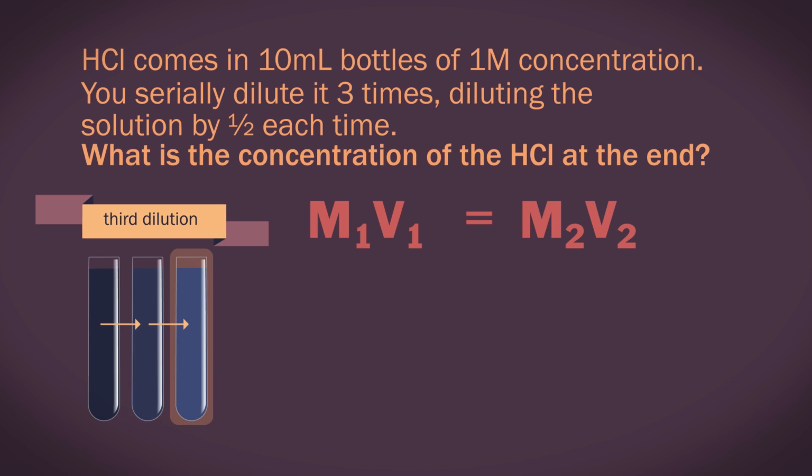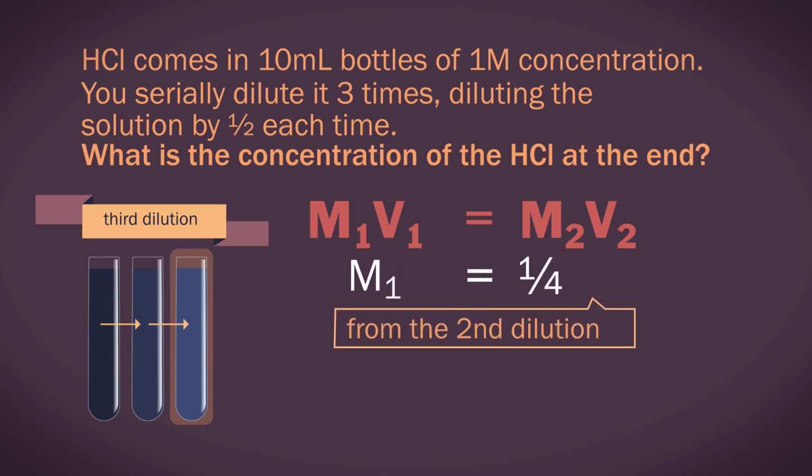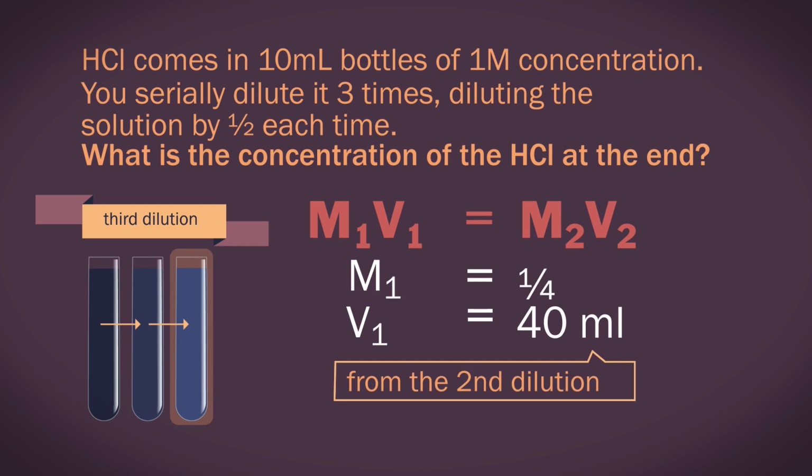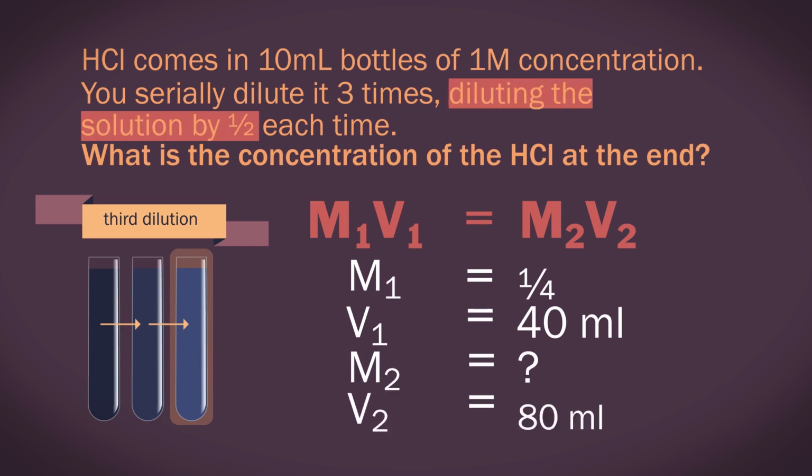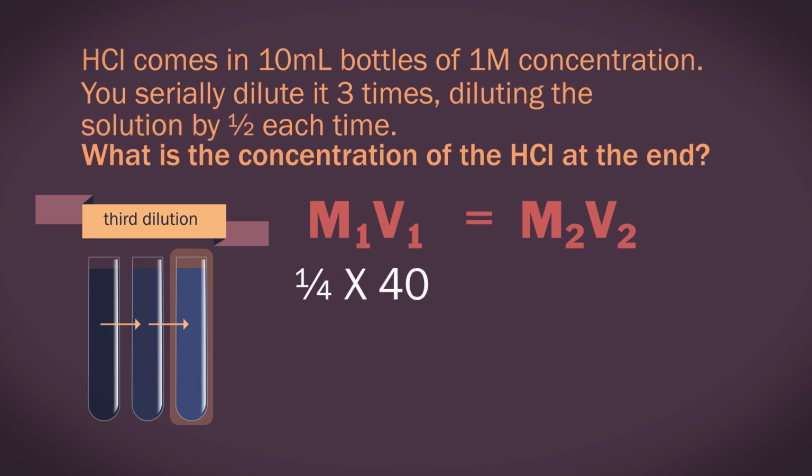And finally, our third dilution. M1 equals a quarter, V1 equals 40 mL, M2 we do not know, and V2 equals 80 mL because we have already added another 40 mL of water to dilute it again by half. Substituting in these values gives us a quarter times 40 equals M2 times 80.